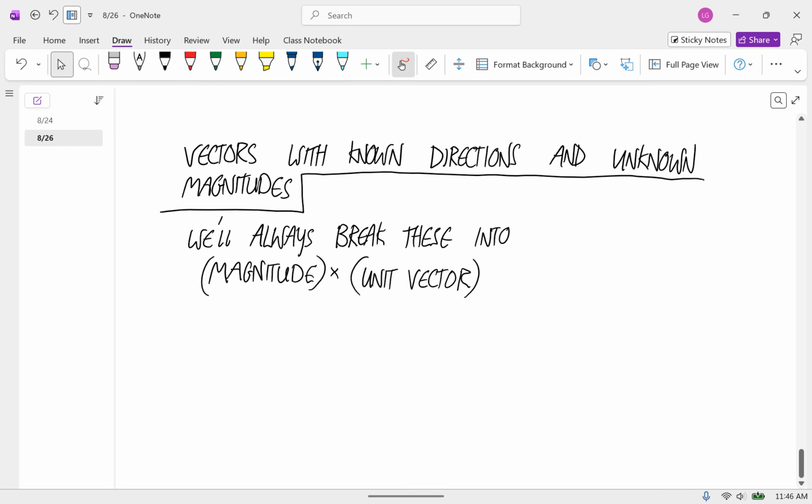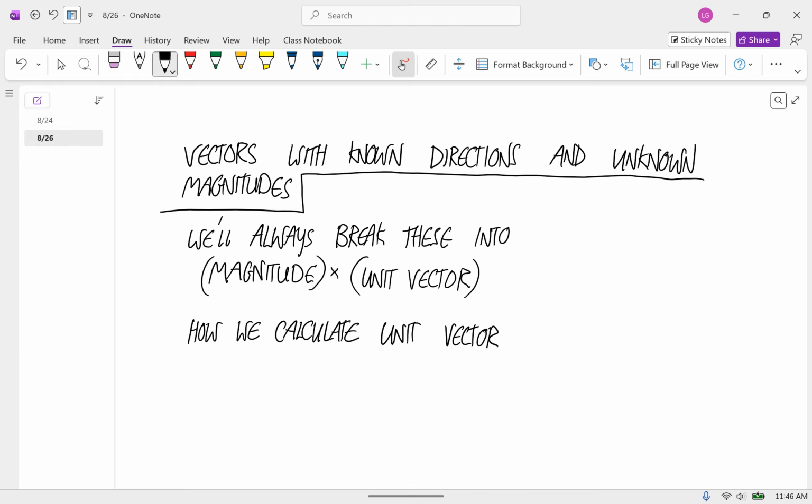How we calculate the unit vector is going to vary. How we calculate the unit vector will depend on the problem.